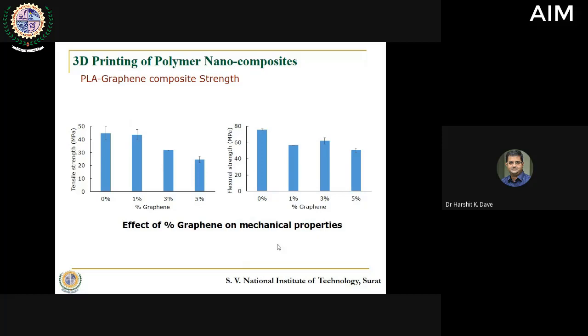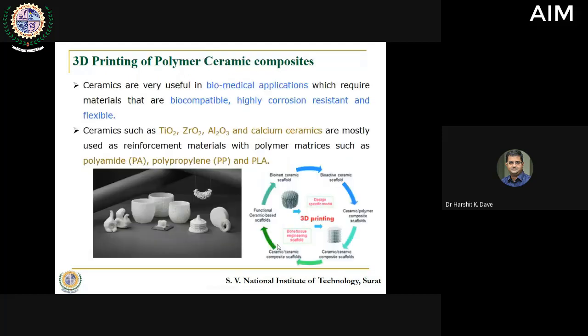However, we found that a lower percentage of graphene gives better results as compared to the higher proportion as far as tensile and flexural strengths are concerned. This is an ongoing project, and we are trying to work on this percentage concentration so that we find something which improves on the neat polymer.